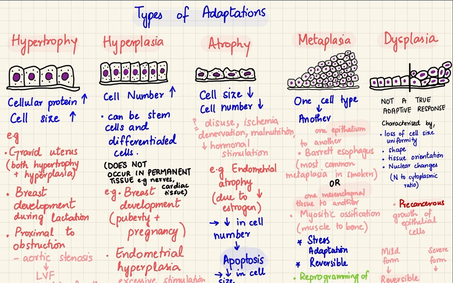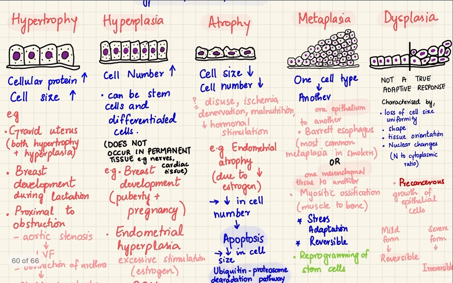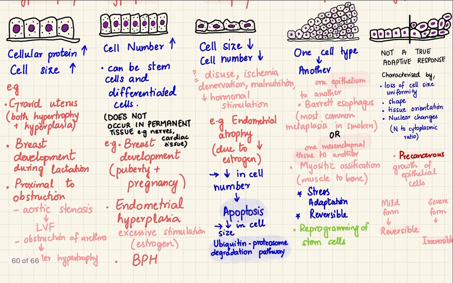Now, hypertrophy can also be either physiological, such as that of the gravid uterus, which is going to be an example of both hypertrophy and hyperplasia, as we'll see later, and breast development during lactation. And usually it occurs proximal to the obstruction, such as that of aortic stenosis resulting in left ventricular hypertrophy, and obstruction of urethra, which will lead to bladder hypertrophy.